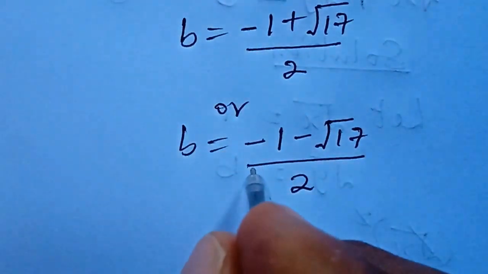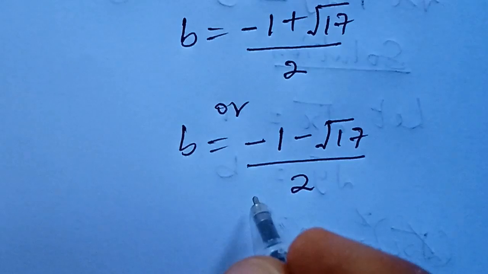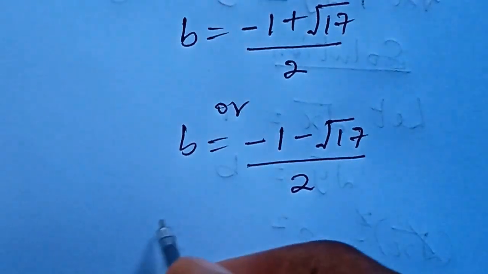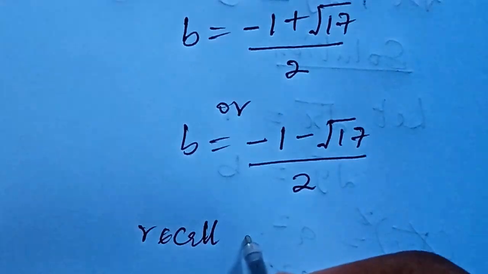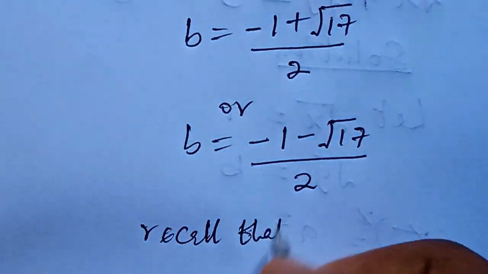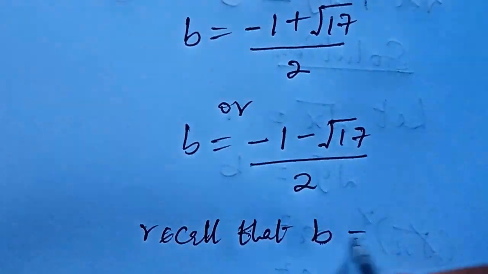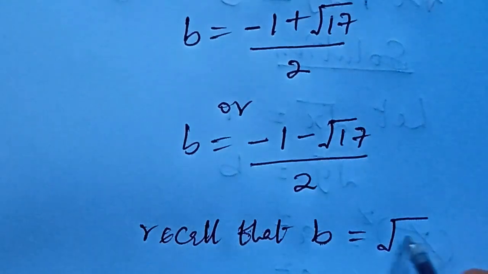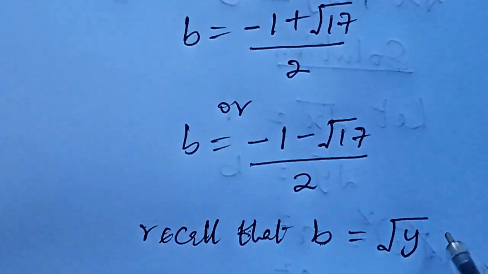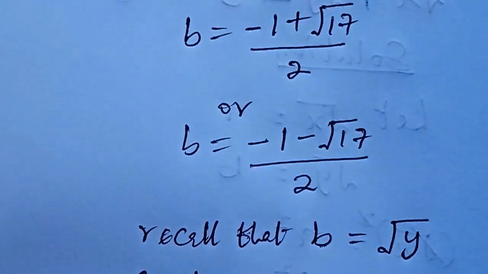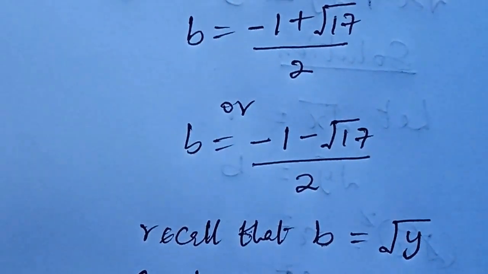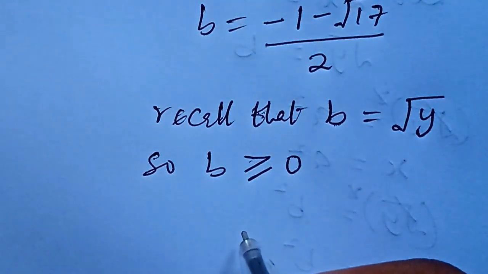So over here, the next thing is to recall that b is equal to square root of y. So our b is greater than or equal to 0.